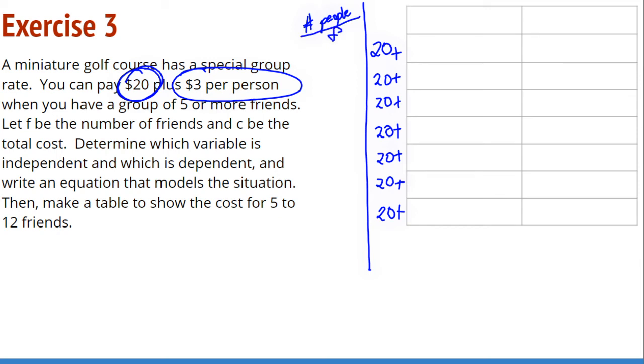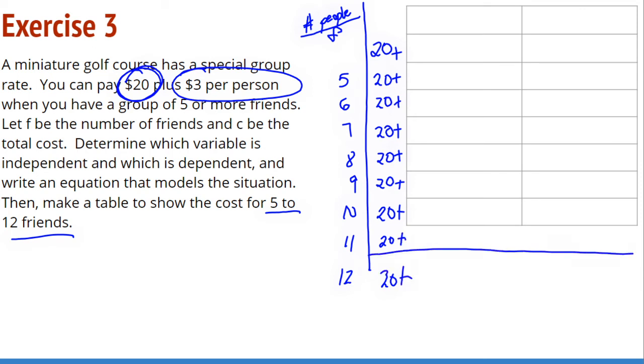And it says that I'm supposed to do 5 to 12 friends, so I've got 5, 6, 7, 8, 9, 10, 11, 12. And it's okay that we run out of room on the table. We can add more rows to that table. That's no big deal. So don't stress about that. I'm supposed to have C as my total cost.